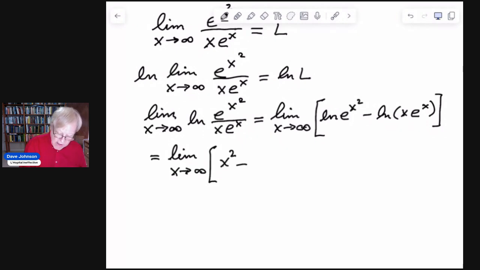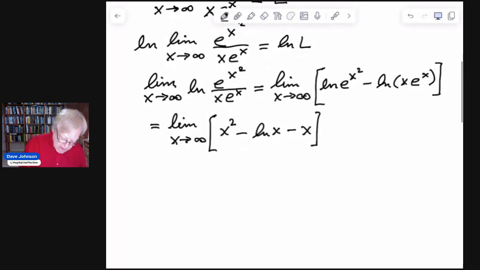And then minus ln x, and minus ln of e to the x, which is just going to be x. Now we have a limit problem that we think we can do, right? But you've got to be careful, because this is infinity, this is infinity, this is infinity. So infinity minus infinity is not 0.